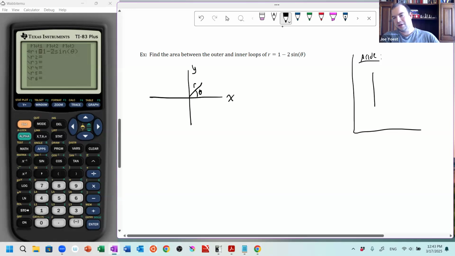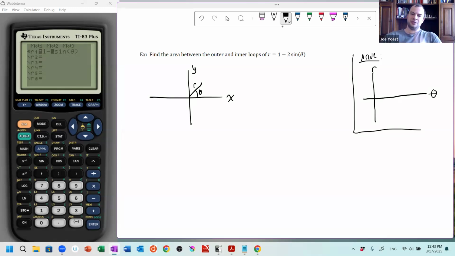So I'm actually going to come over here and look at theta and r like this, right? Just r as a function of theta, where theta is my horizontal axis and r the vertical axis. This is an aside because I'm just trying to get an idea, like, is r going to go negative? When might r go negative? Things like that.